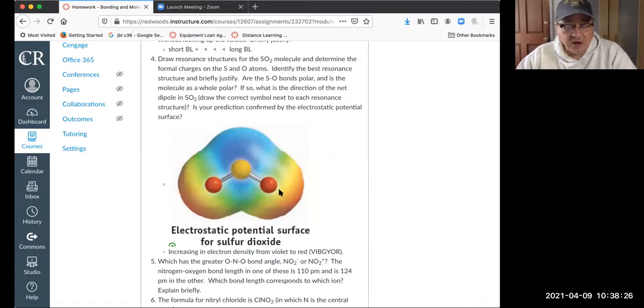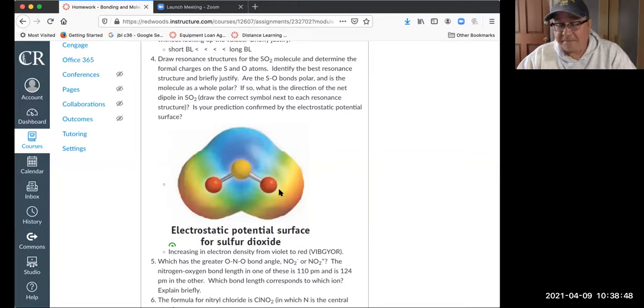And the trends are, well, if you're looking at phosphorus versus chlorine, they're both in the same period. Chlorine is more electronegative because it's to the right. And if you have nitrogen versus phosphorus, they're both in the same group. Nitrogen is more electronegative. Okay?